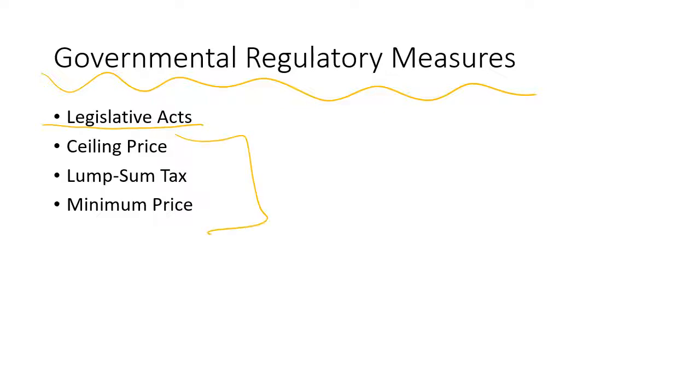There are ceiling prices that can be designated to certain products. There are lump sum taxes that can be given to companies, and there are minimum prices that must be charged for certain things, so that the government can intervene and make sure that oligopolies and monopolies do not cause major havoc on our economy.